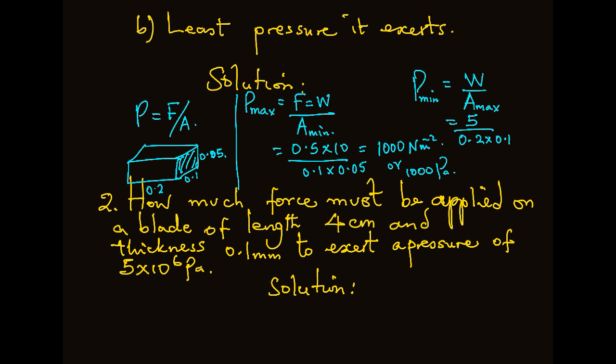The maximum area is given by the area of the top, which is equivalent to the area of the bottom. This is equal to 5 divided by 0.02, which is 250 pascals.